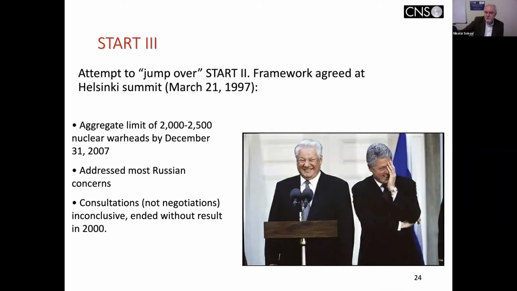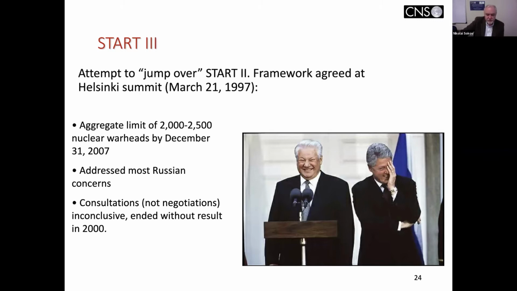There was an attempt to negotiate a START 3. Okay, well, START 2 doesn't work. So the Clinton administration decided, well, maybe we can jump over START 2 and get to a new treaty with even lower reductions. The framework that was agreed in 97 was a solid foundation.